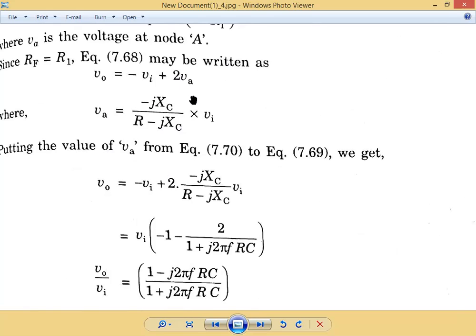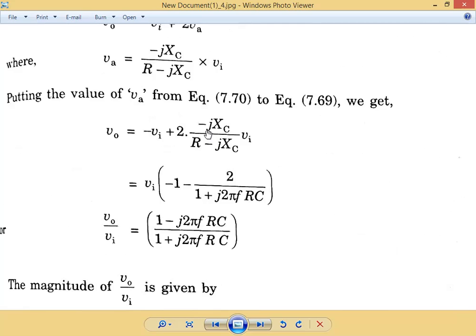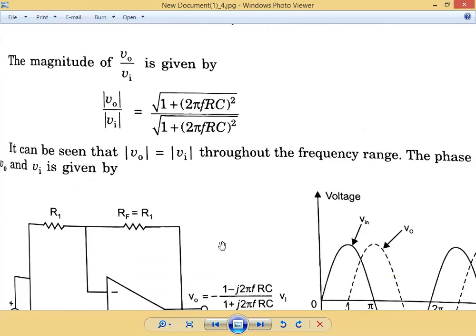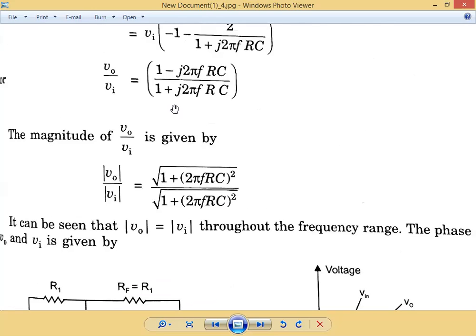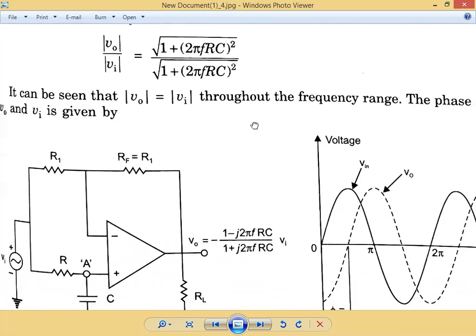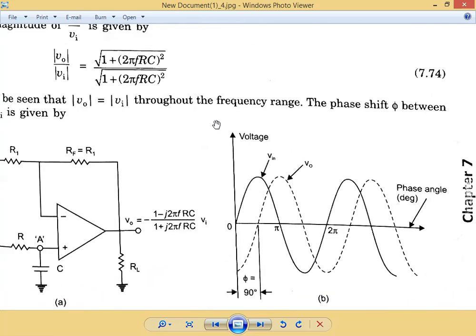By substituting this VA value in the equation and solving, we get V0 by VI is equal to 1 minus J 2 pi f C R divided by 1 plus J 2 pi f C R. If you consider the magnitude, both are equal, and the only change is the minus and plus sign. So the magnitude will be the same, but the phase will be different, which means a phase shift will be there.